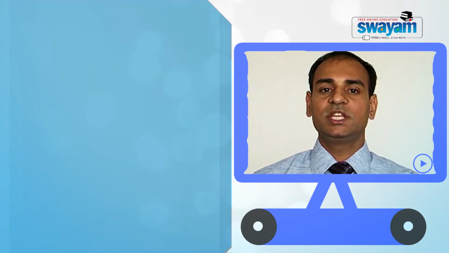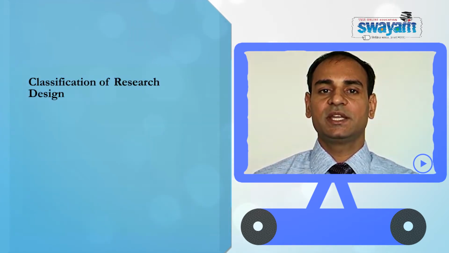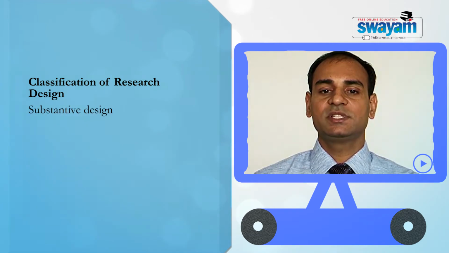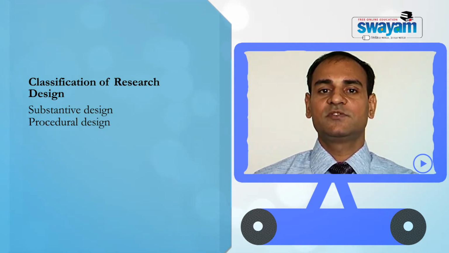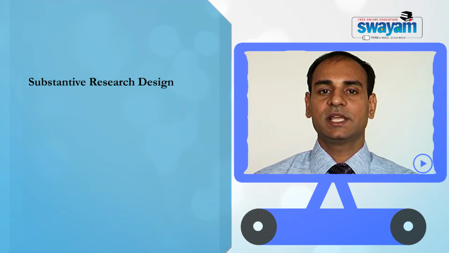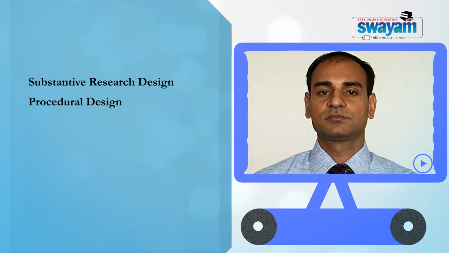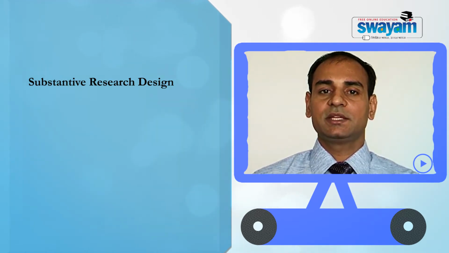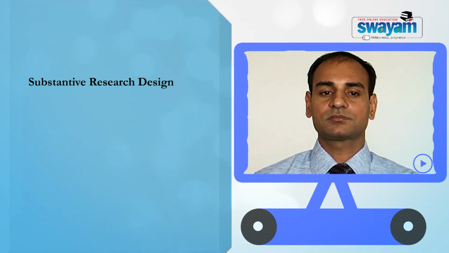On these bases, objectives and purposes of research can be classified in two categories: substantive design and procedural design. In every research, this research design is formulated in two stages. First is the substantive part and second is the procedural part. In designing, the substantive part comes first.